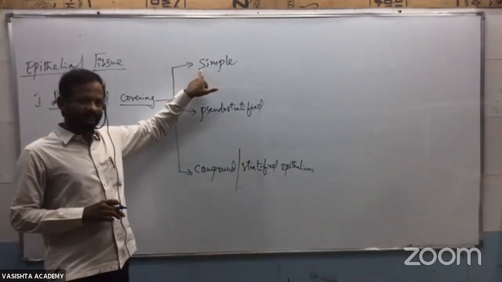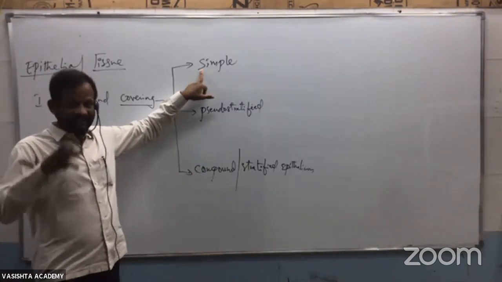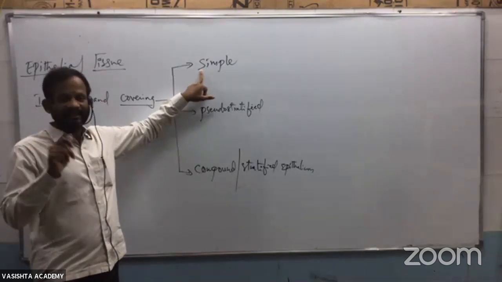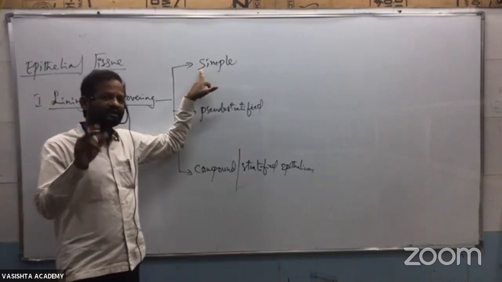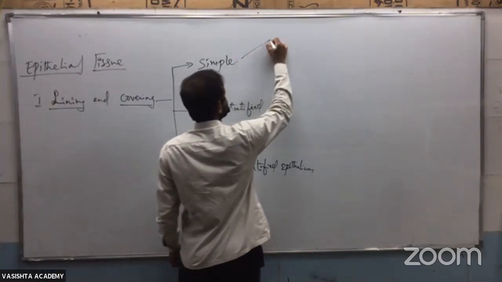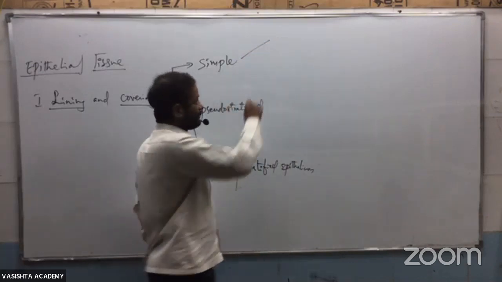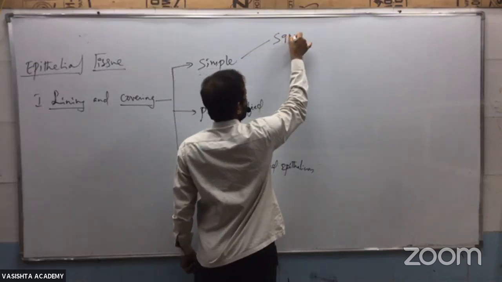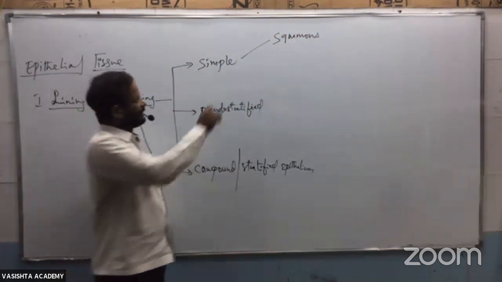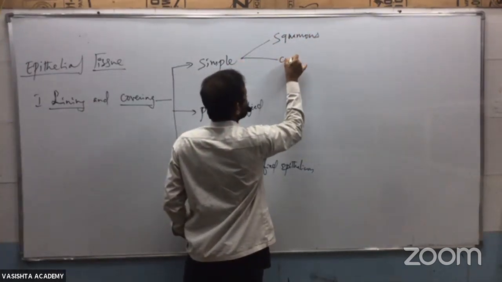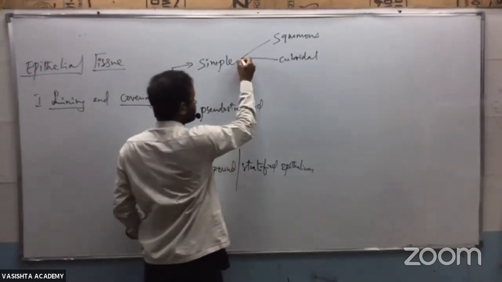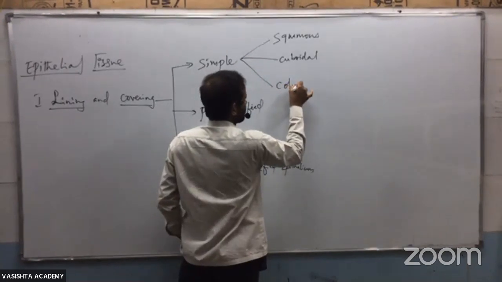Simple epithelium is again further divided into three types based on the shape of the cells. Number one, squamous epithelium. Number two, cuboidal. Number three, columnar.